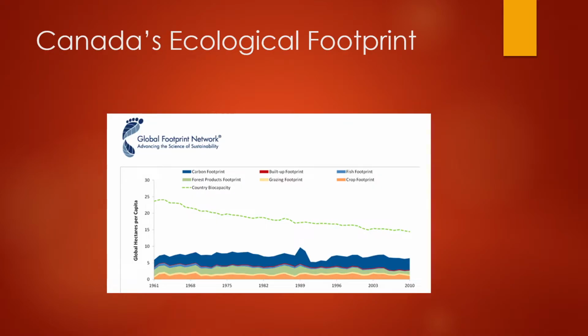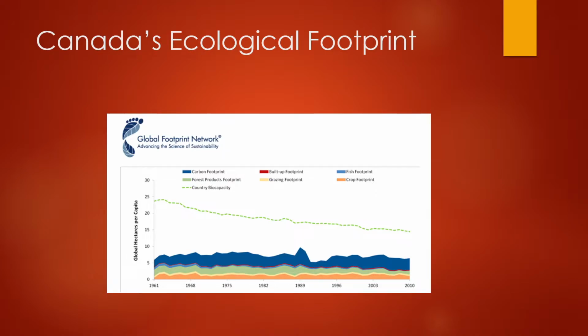And here's a quick snapshot of how Canada's ecological footprint looks. It is a little outdated, as you can see. The chart ends at 2010. But basically, Canada has been an ecological contributor since our biocapacity has remained higher than the population consumption. In fact, in 2010, Canada is one of the top 10 biocapacity-rich nations.